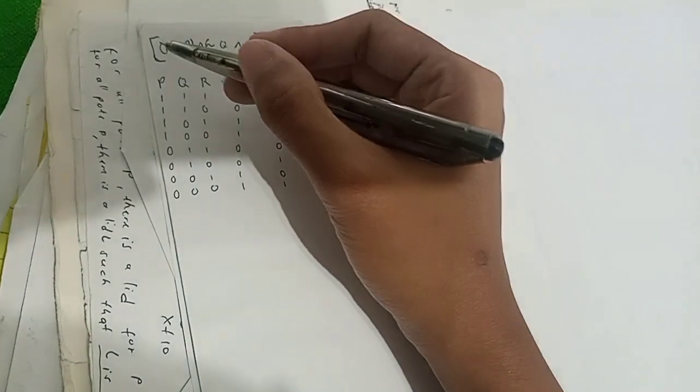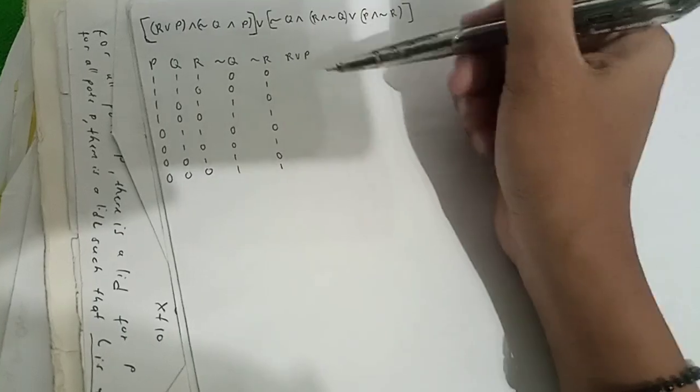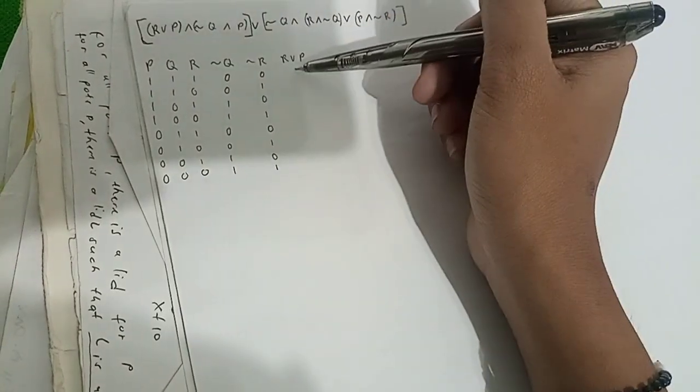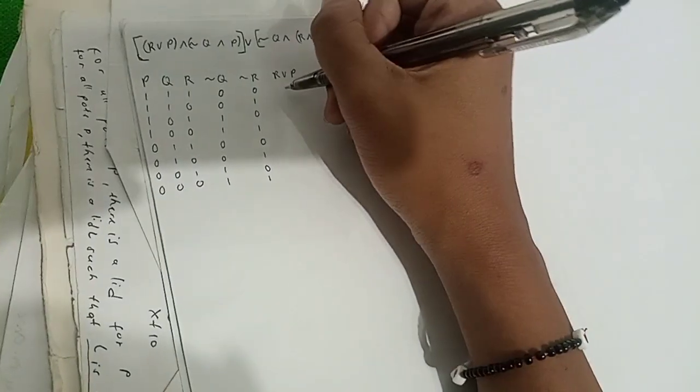The first one is the R or P. To get the R or P, if there is a 1 in between R or P, then it would also be 1.